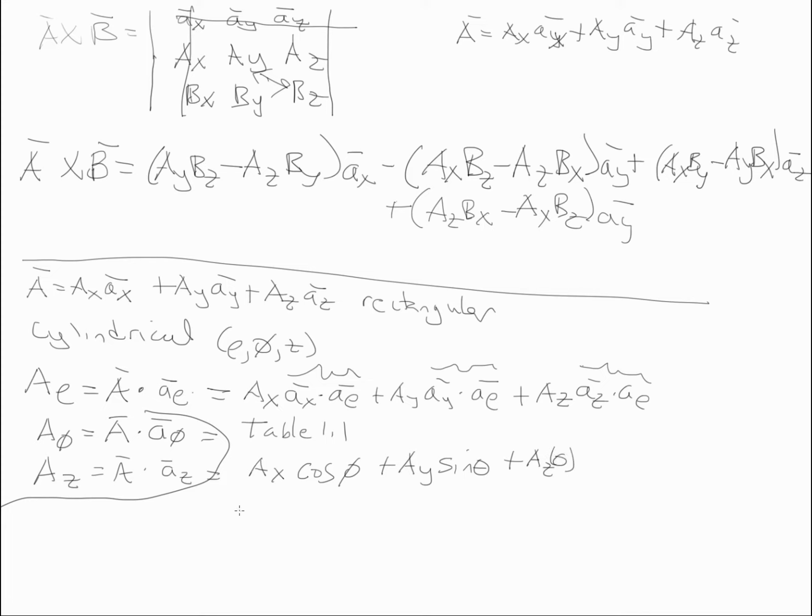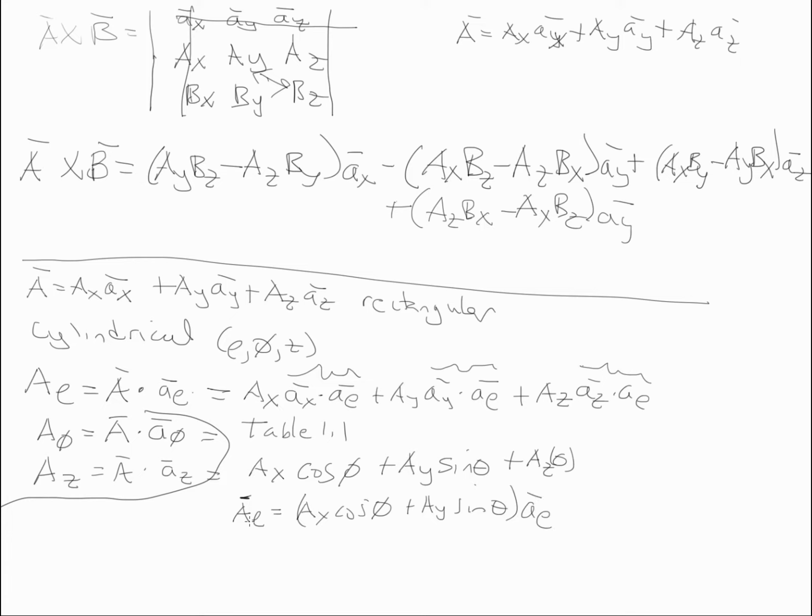And so if we're just fully converting it, the A rho component, if we want to say it's a vector now, okay, then we could say for the A rho, AX cosine phi plus AY sine phi times a rho.